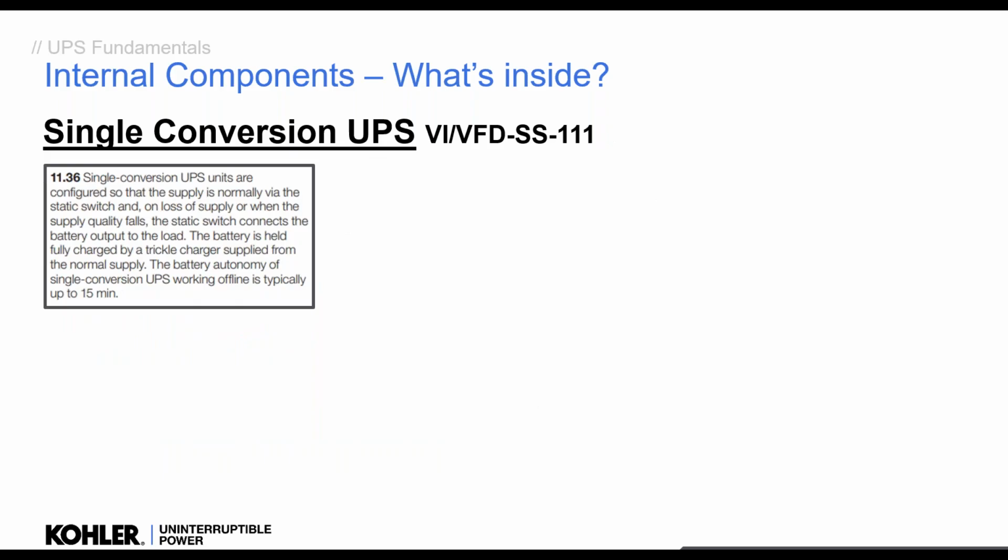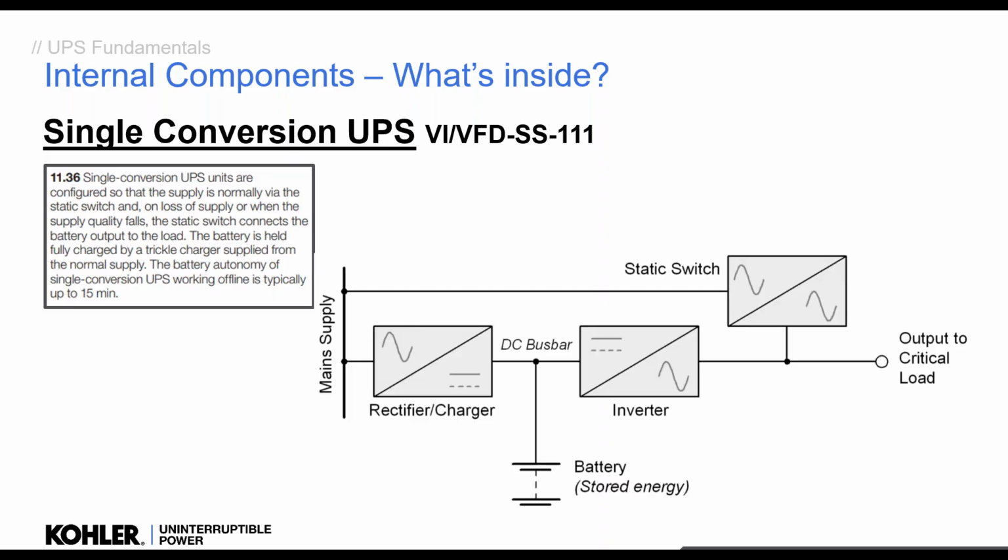Now, there's also talk about single conversion UPSs, which are typically VI or VFD SS111. What this means is we have a single supply feeding a charger rather than a rectifier, and then the battery. From the battery, we use the inverter to make AC, and then we have a static switch on the bypass.